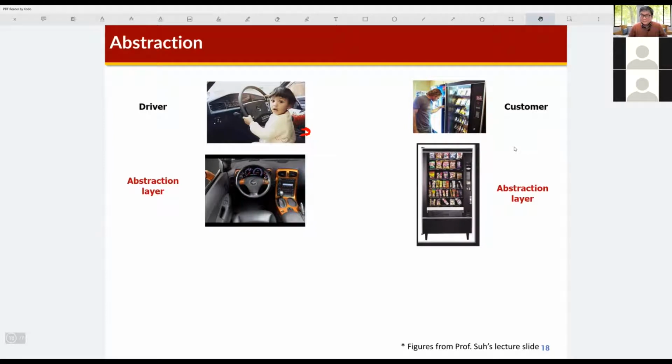Okay, let's see another analogy. This is a vending machine, and this is a customer. In order to use this vending machine, what should we know?